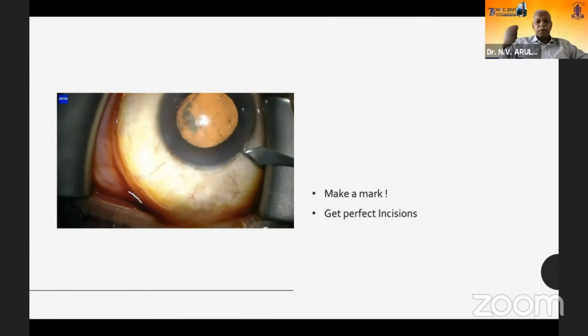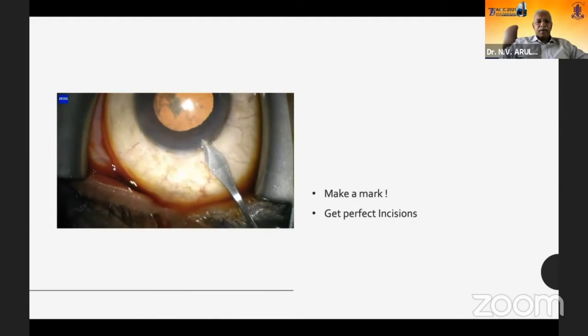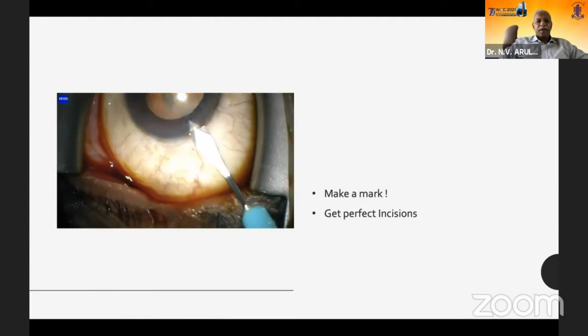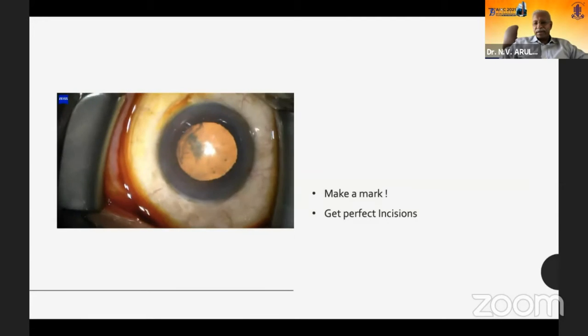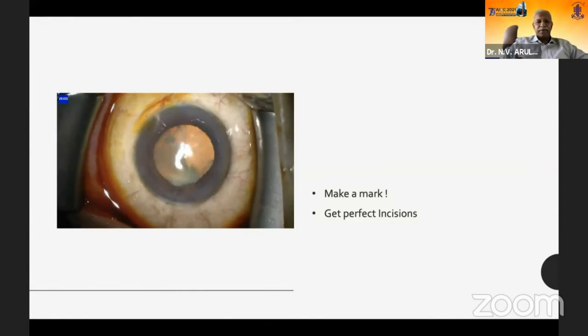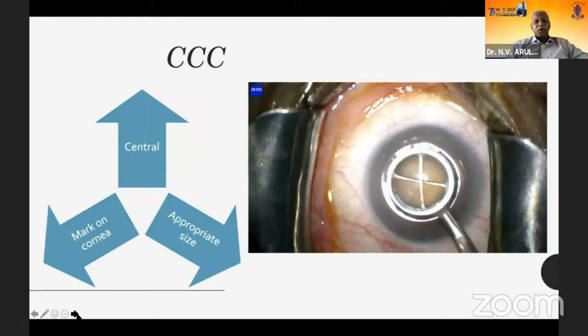So it gives you a good template for you to go in, dip in, and get a perfectly designed incision 10 times out of 10. So we've made a good incision. You are perfectly positioned. You have not induced any astigmatism. You probably have not even changed the vector, hopefully not.